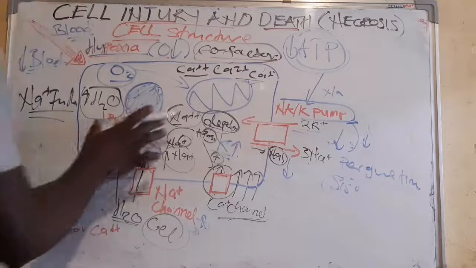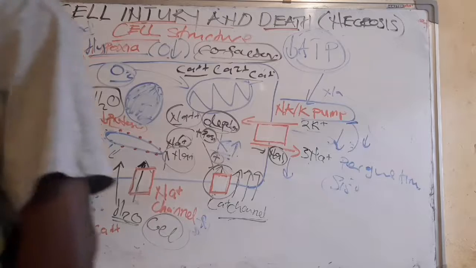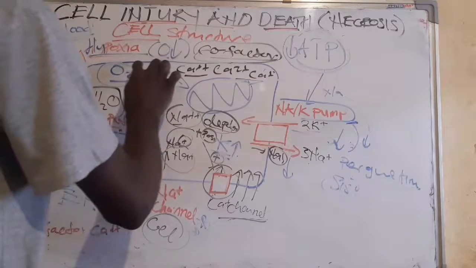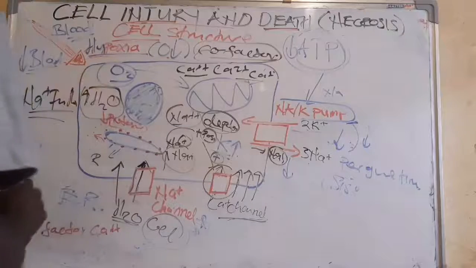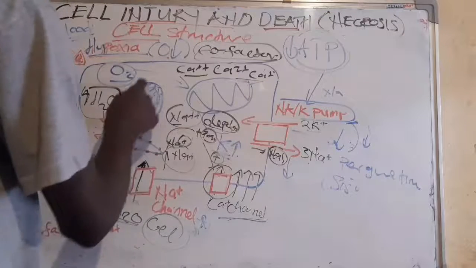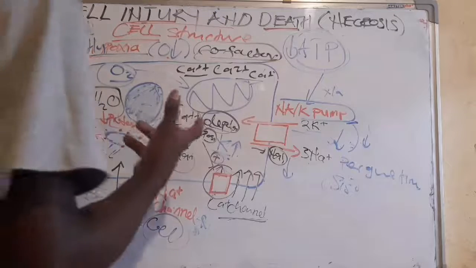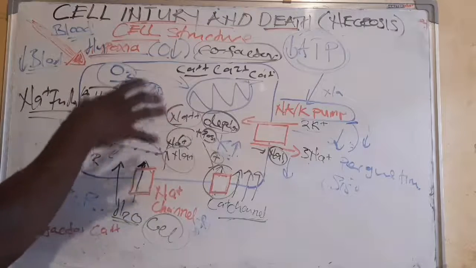As protein synthesis reduces, what does it mean? It means there is a reduction of the proteins that make the cell membrane, and also a reduction in the cytoskeleton of the cell. So that's cell injury. That is how the cells start to become injured.